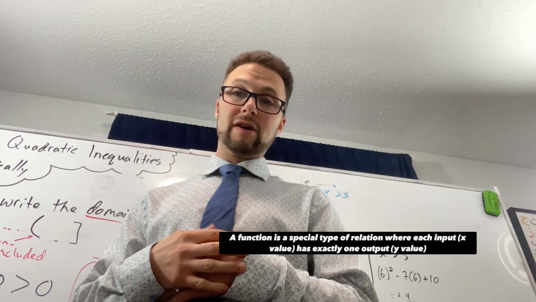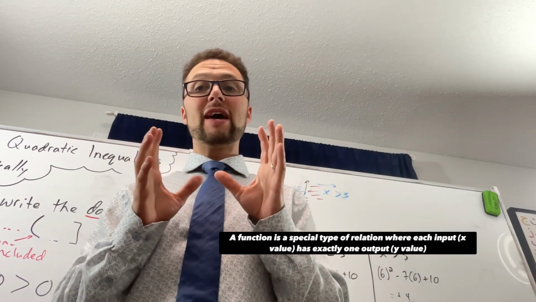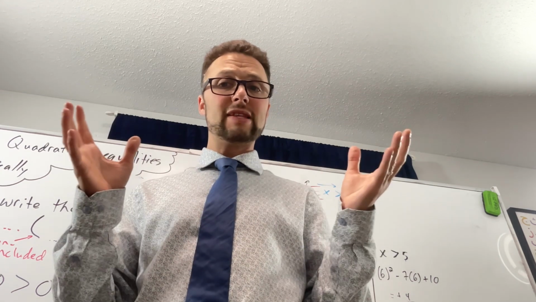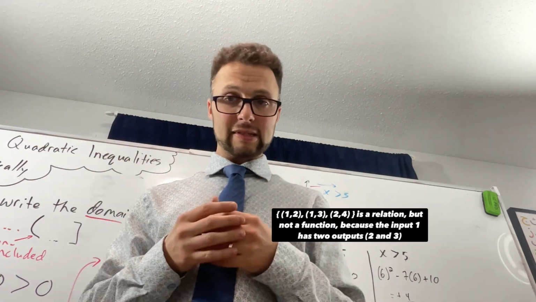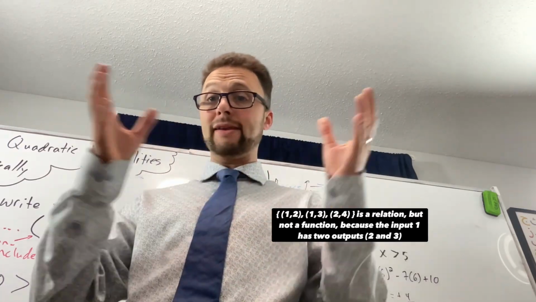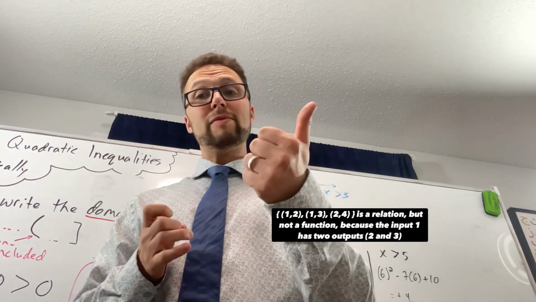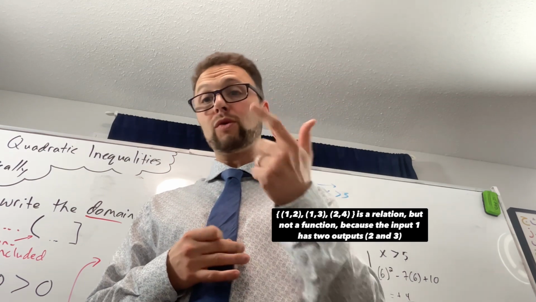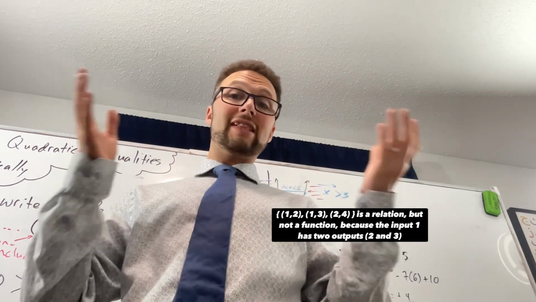For example, if I have an input of 1, or an x value of 1, if it's just a relation in a general sense, the relationship between that x being 1 and another ordered pair might be that you might have a y value of 3 or 4 or 5 for that same 1 value, and that's fine.